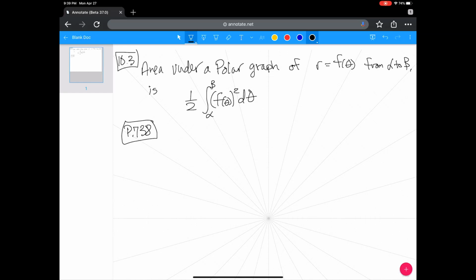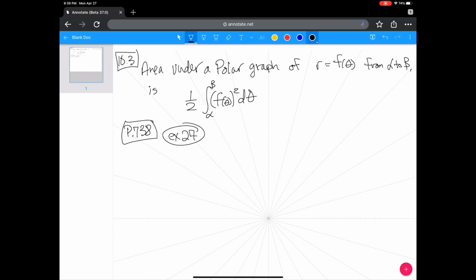So the areas of regions are 21 through 36. Let's look at 27. It says, make a sketch of the region and its bounding curves, and find the area of the region.